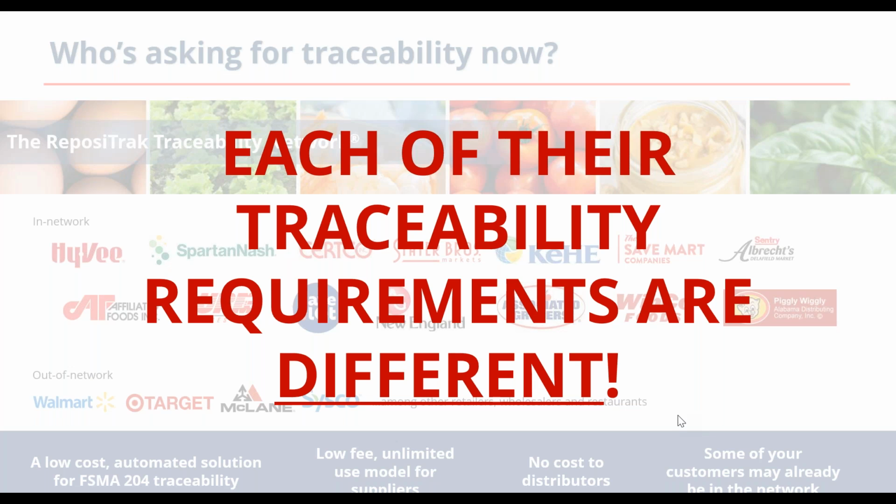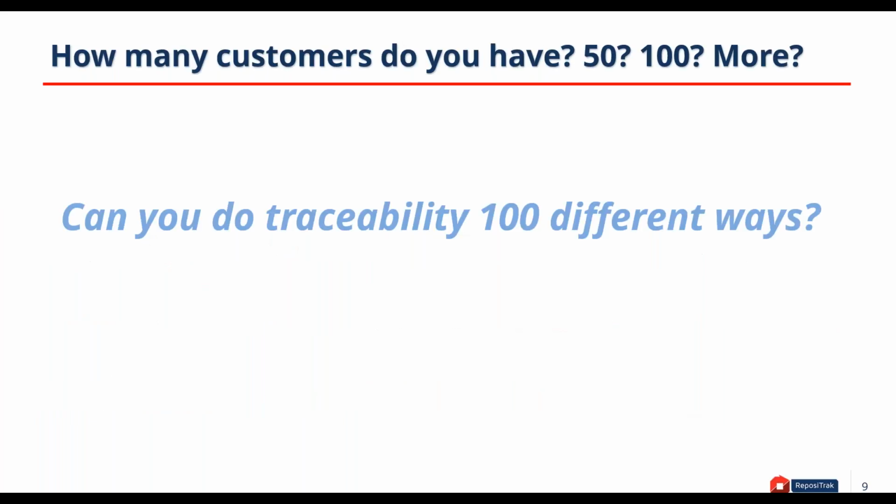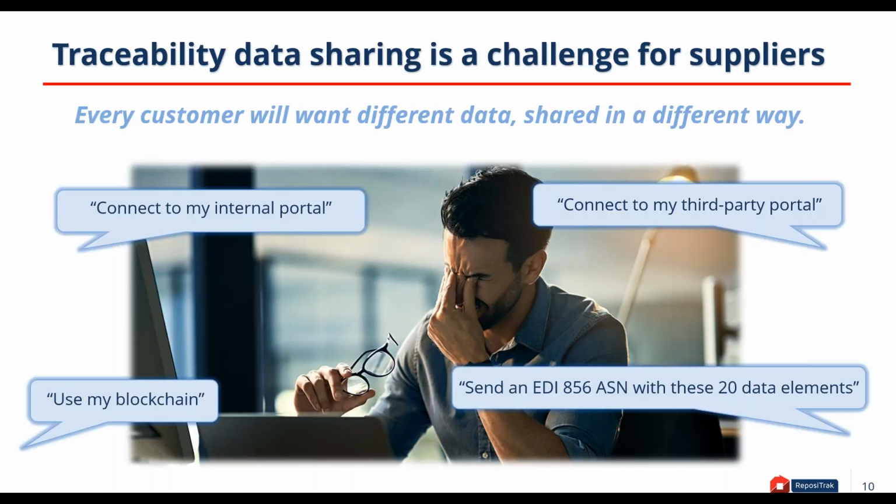They want me to use a different communication technique for that. How do I, as a supplier, deal with all of that? If you have 50 customers, or 100 more, how will you do that? How will you deal with all of the different ways that you may be asked to share traceability data, all the different data sets and key data elements that you may need to share? Those are all considerations for you as a supplier.